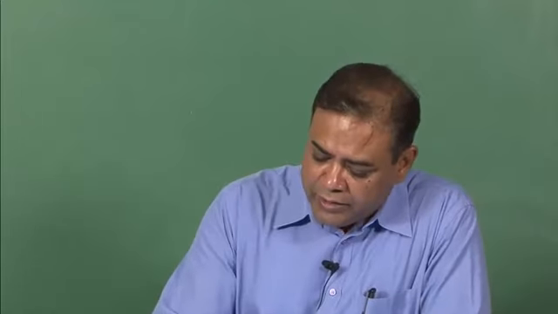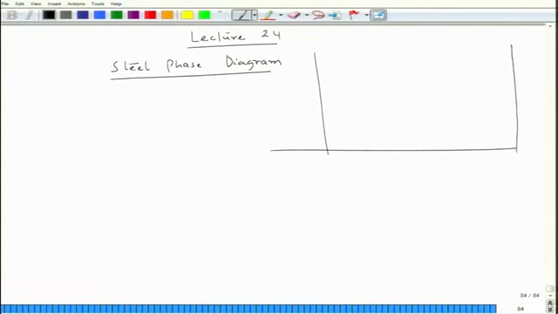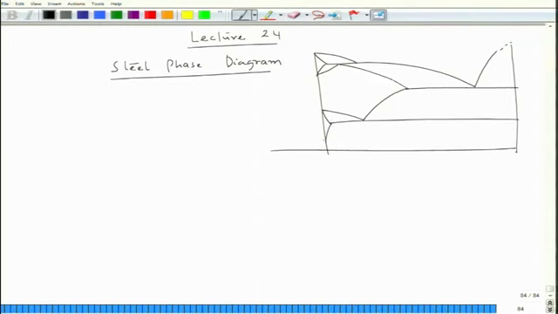We know how the iron carbon diagram looks. So this is my iron carbon diagram, where this is liquid plus delta, this is delta, this is delta plus gamma, this is gamma, gamma plus liquid, liquid plus Cm, Cm means cementite, Fe3C.